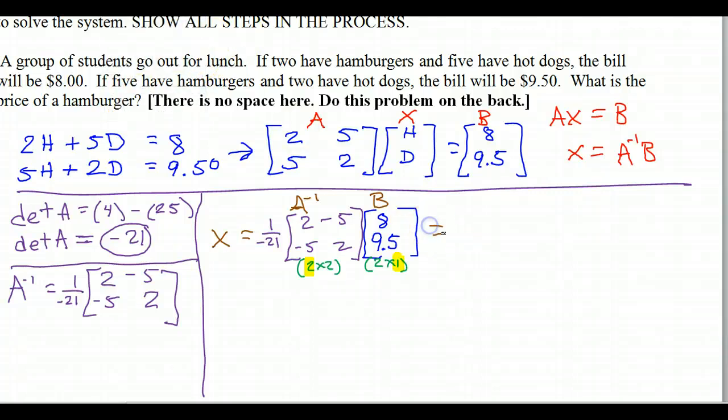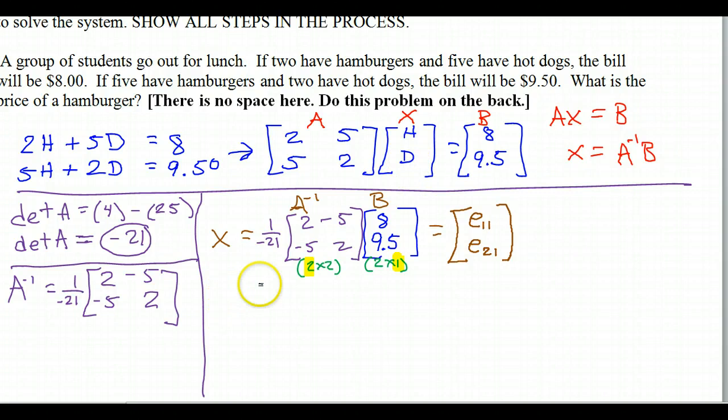All right, that means my answer is going to be a 2 by 1, so I'll have element 1,1 and element 2,1. All I have to do is find those elements and I'm done, because that top one will be the price of a hamburger and the bottom one will be the price of a hot dog.